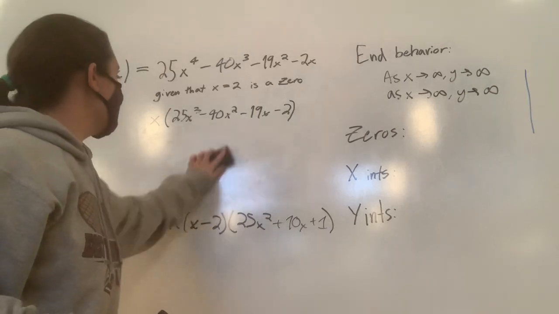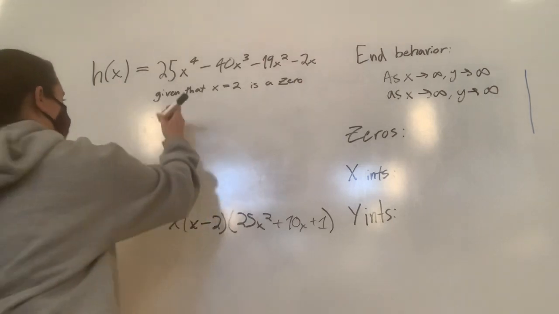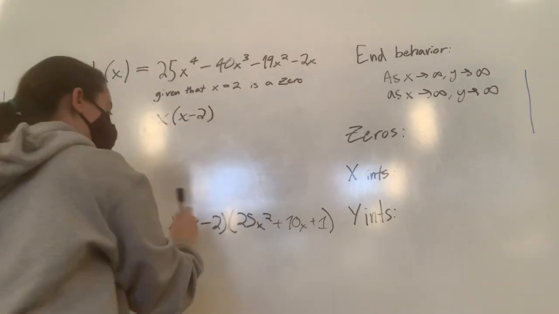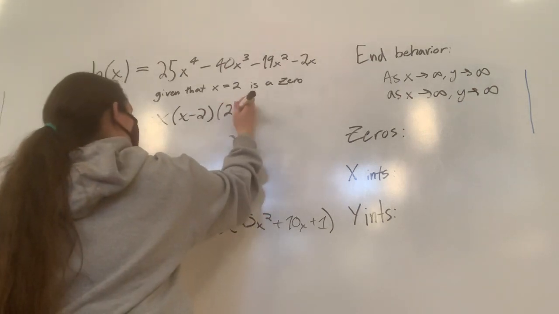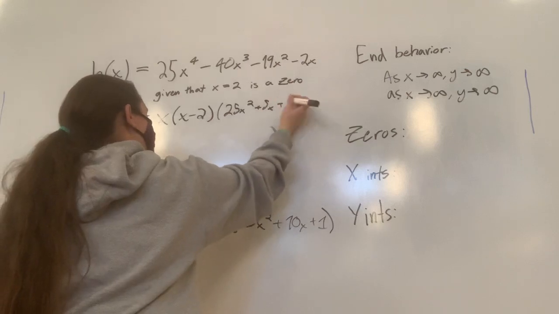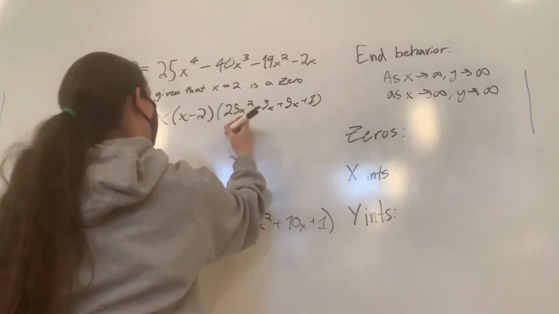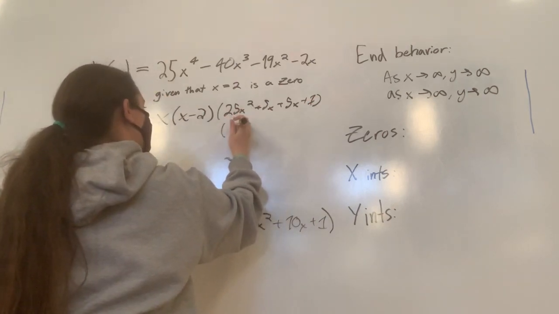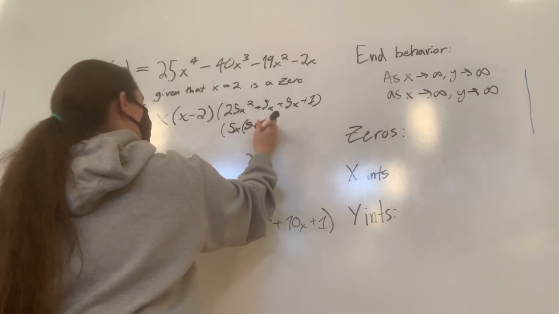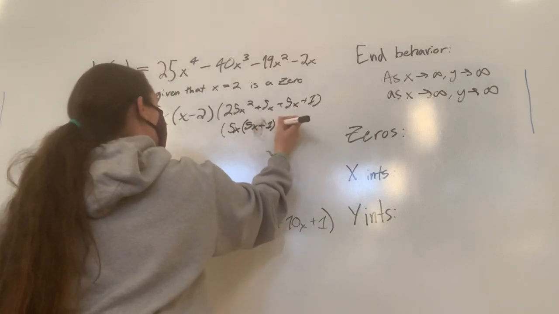So we get our x minus 2, and then we have 25x to the second plus 5x plus 5x plus 1, which is going to end up being 5x plus 1.